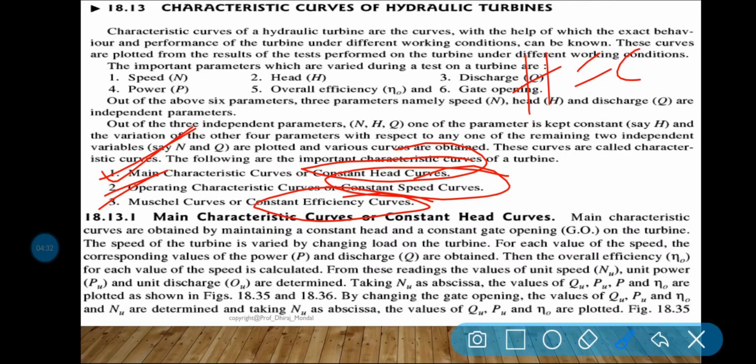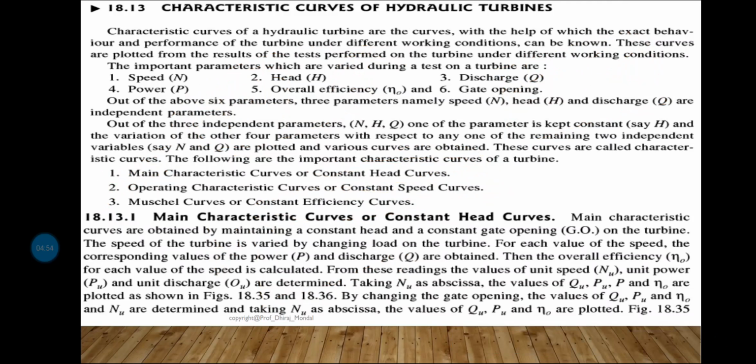Here head is constant, and you can take either N or Q. When you take N, the rest of the parameters are given with respect to N, and based on that you plot your graph.